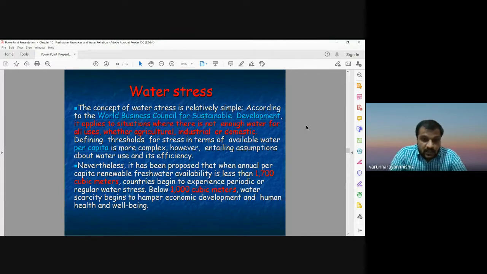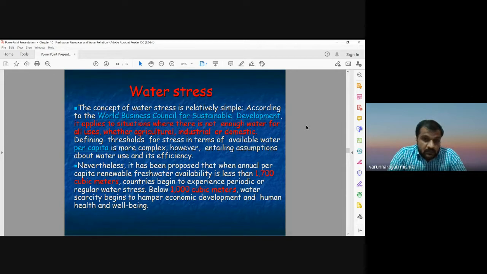So basically, when we talk about water stress, if the fresh water availability is less than 1,700 cubic meters, there may be some periodic experience of water stress. But when it goes below 1,000 cubic meters, water scarcity begins to hamper economic development.